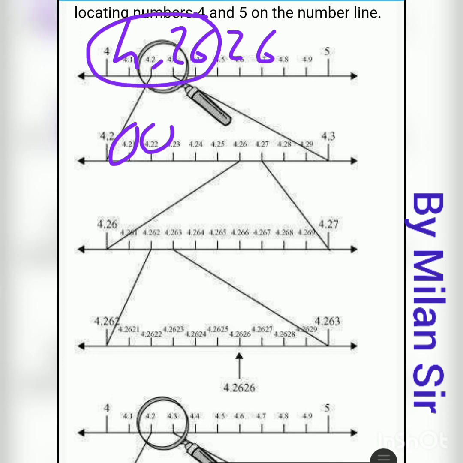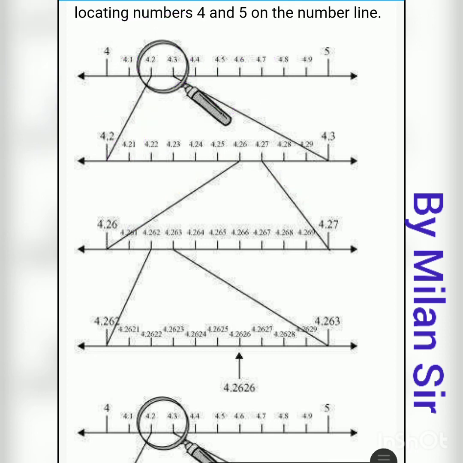After that we have 4.26, so this number lies between 4.26 and 4.27. We zoom this part, and we get 4.261, 262, 263 up to 4.27.